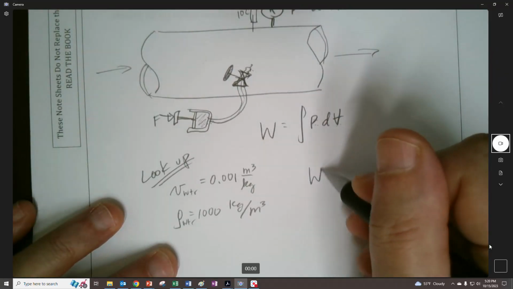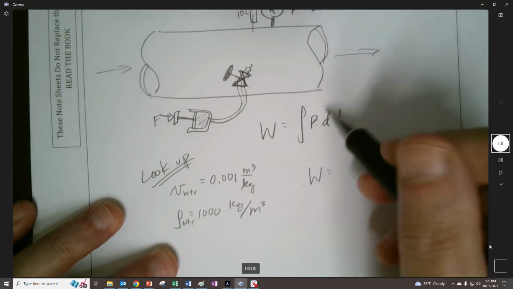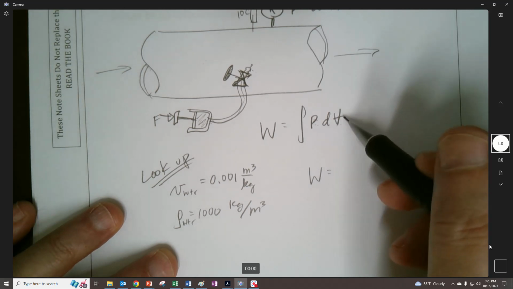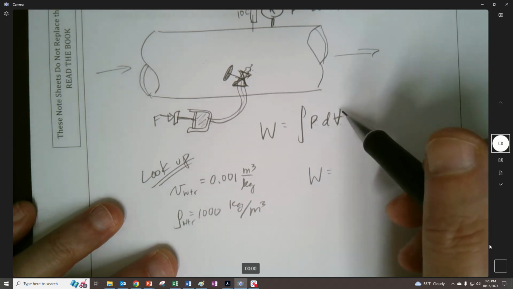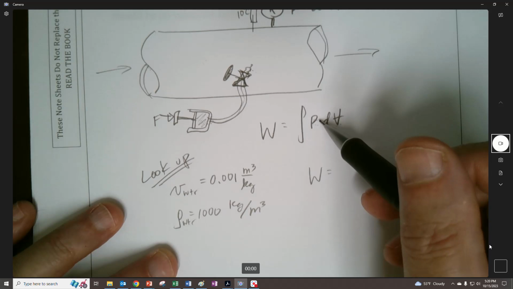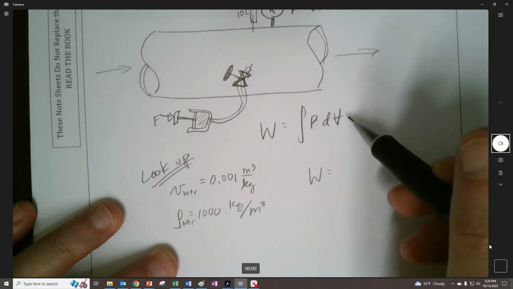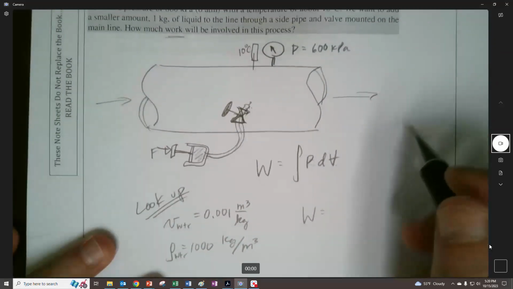So we'll say that the work in is going to be, and we don't really know the path during this process. They didn't say it was a constant pressure process. We didn't say anything about it, but we're going to try to estimate how much work is going to be put into the thing.